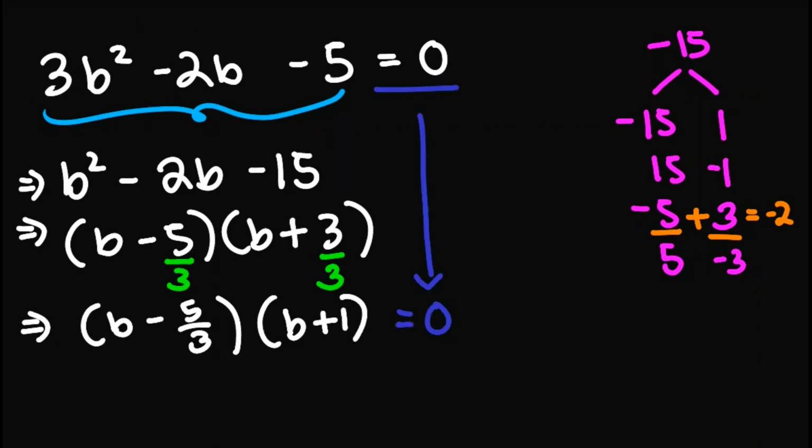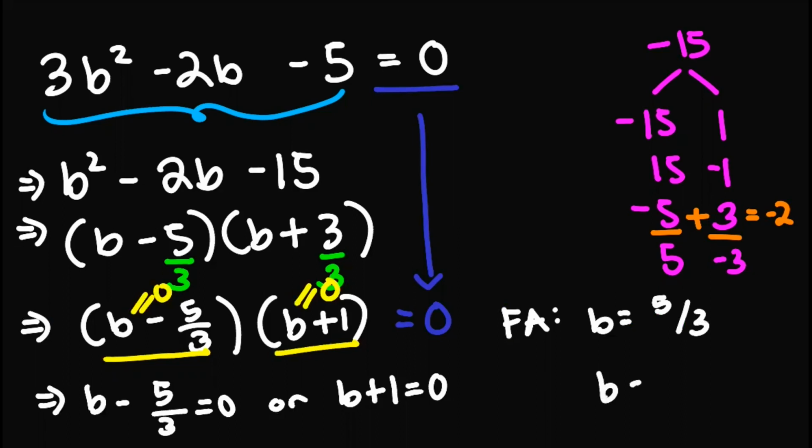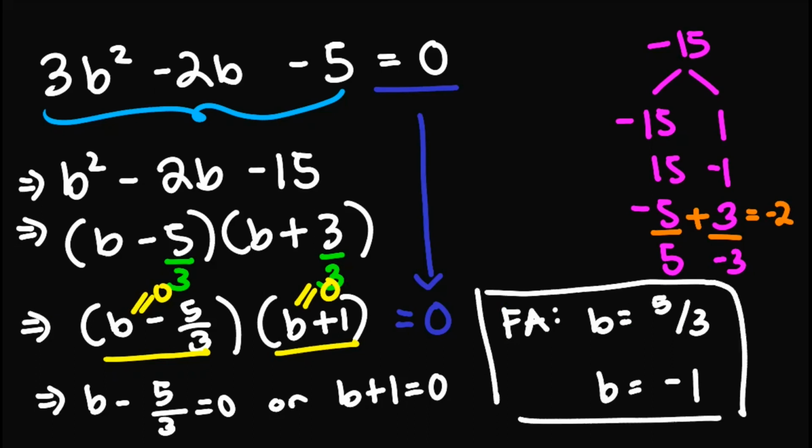It will hold if this one is equal to 0 or this one is equal to 0. So we've got b minus 5 over 3 equals 0 or b plus 1 equals 0. Simplifying these linear equations, we'll obtain b equals 5 over 3 or b equals negative 1. And that is the answer.